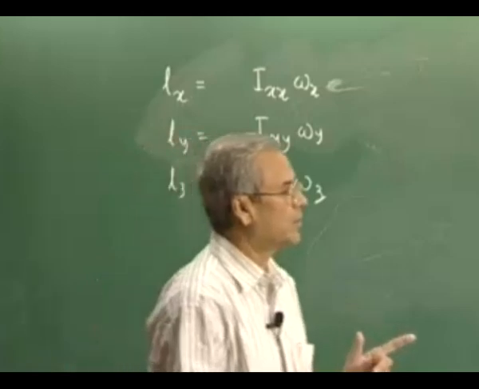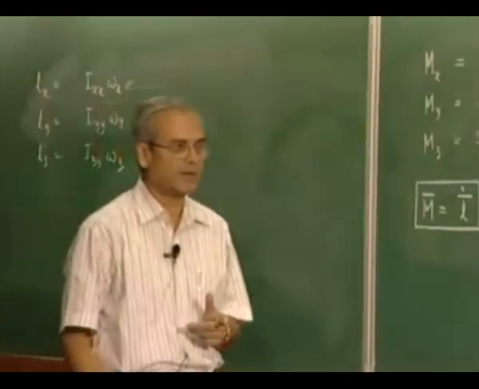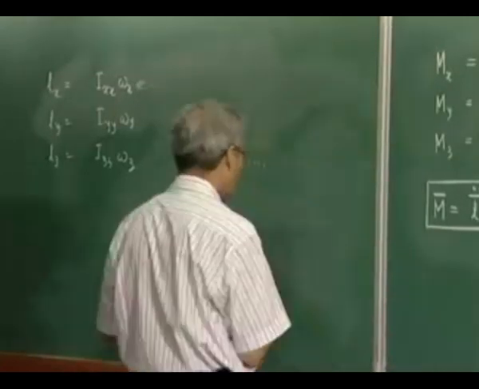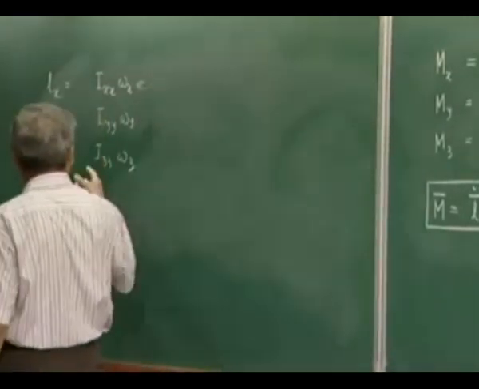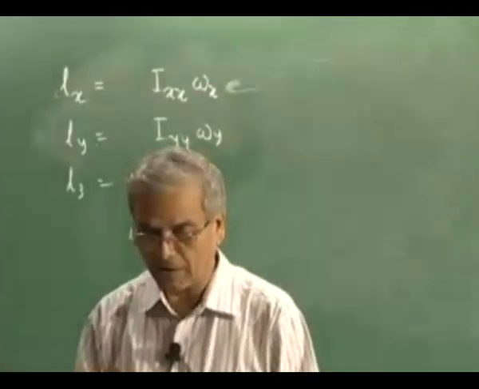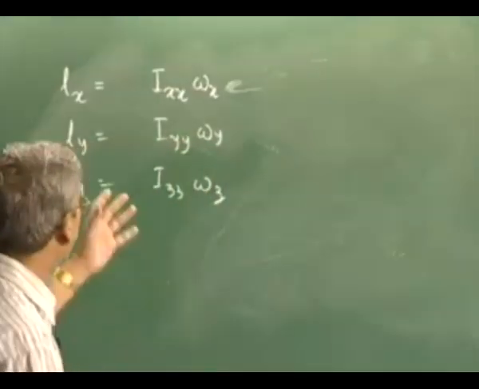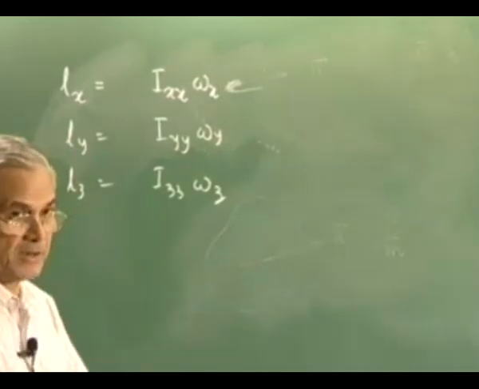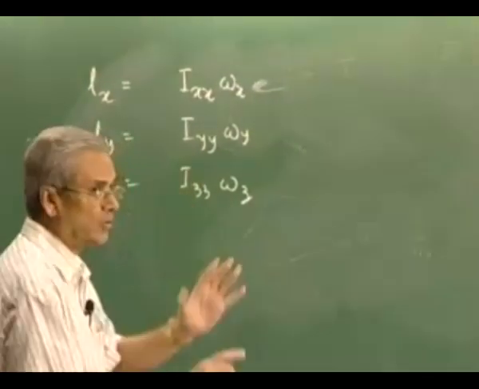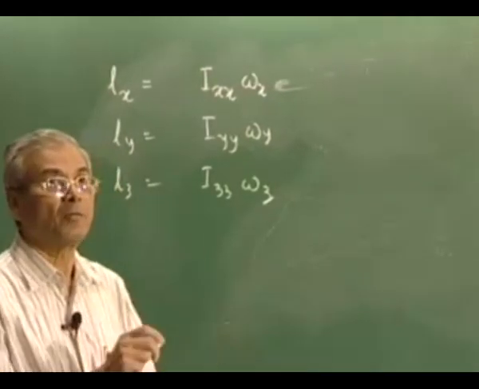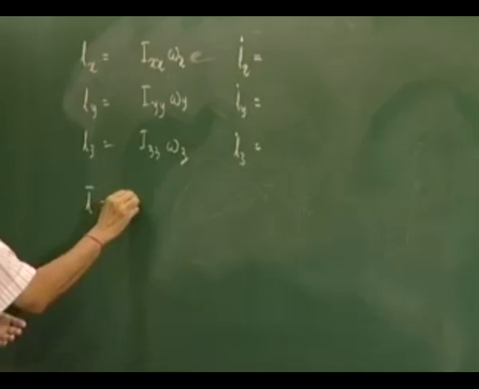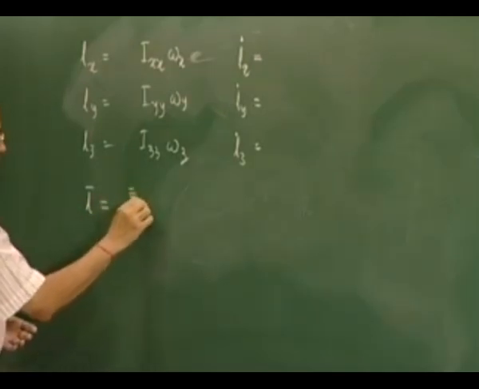Now all the time you have to keep in mind that the small xyz system is rigidly attached to the rigid body under consideration. So, so far as an observer on the small xyz axes is concerned, no change in Ixx, Iyy, Izz can be seen. In other words, Ixx, Iyy, Izz do not change with time as seen from the small xyz system. So L is equal to I omega vector.